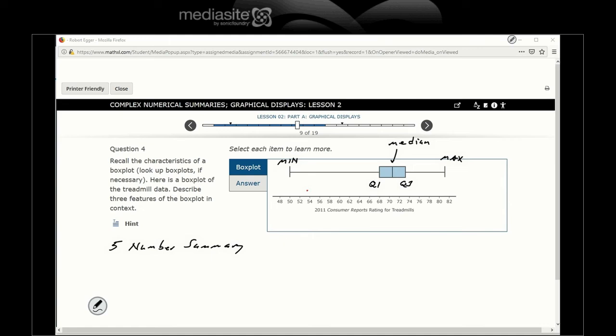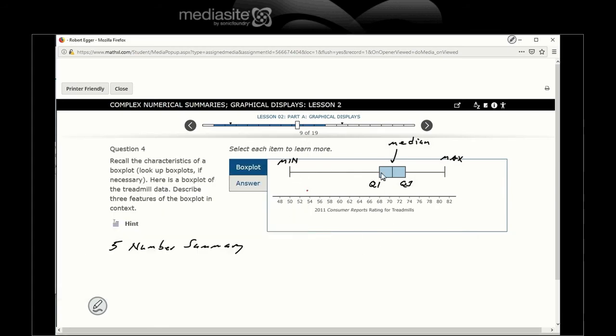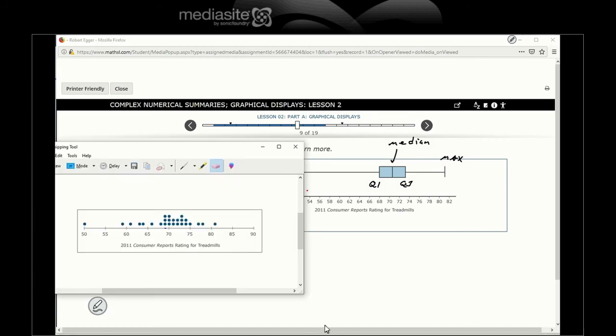So we go back to the box plot. 25% of the data, let's see, goes from 50, looks like 68. So between 50 and 68, that's 1/4 of all your responses.